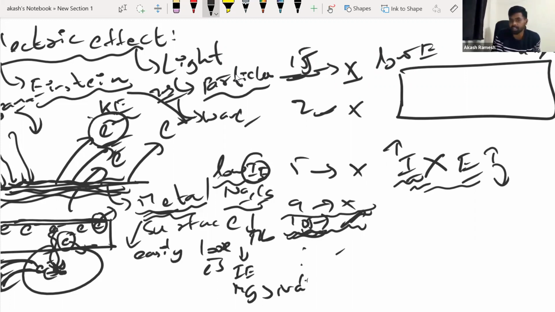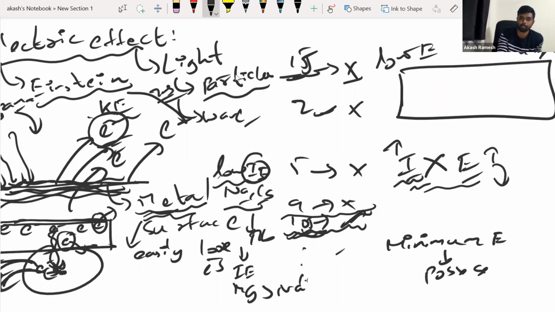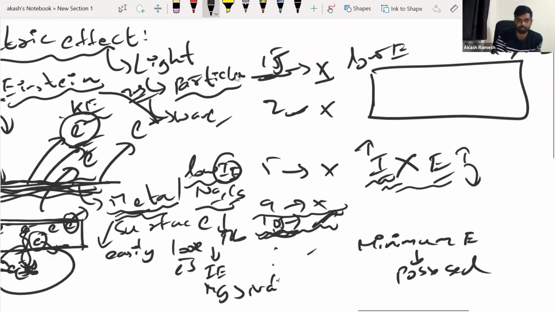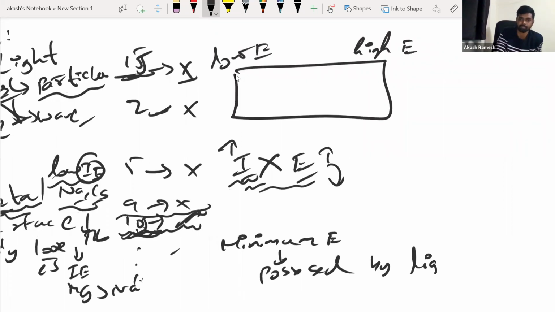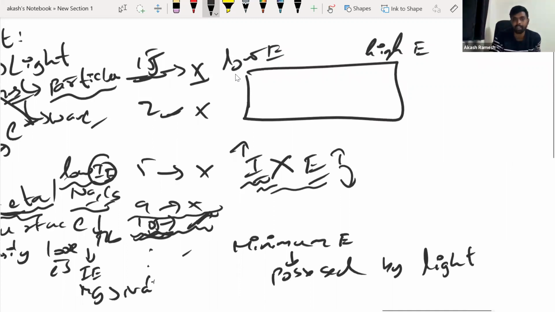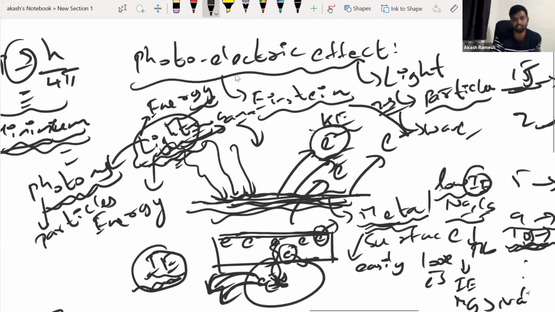So what you have to understand is there should be some minimum energy possessed by the light. The incoming light radiation you use here should have some minimum energy.